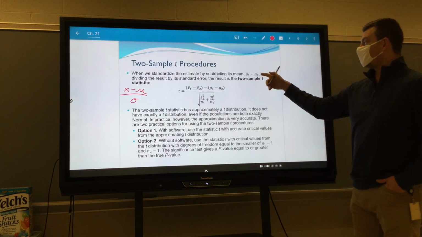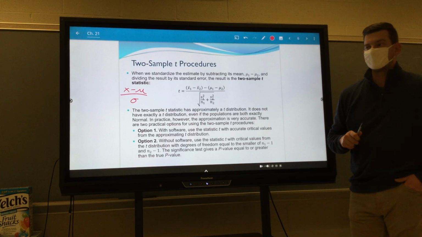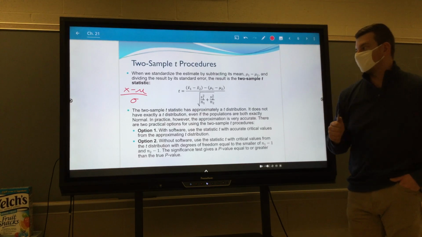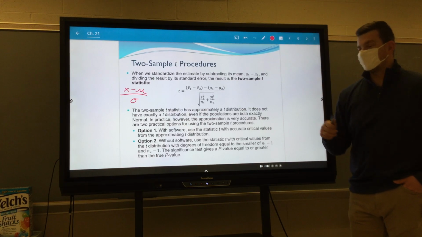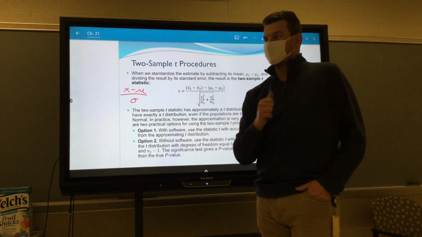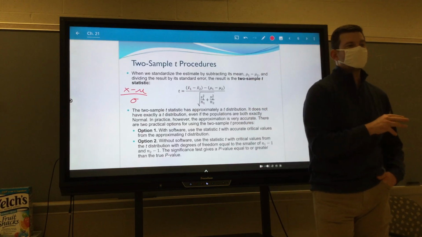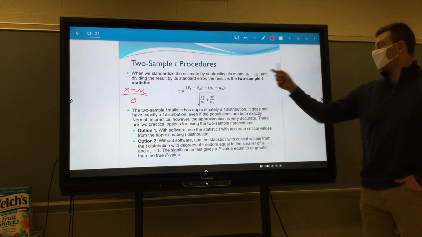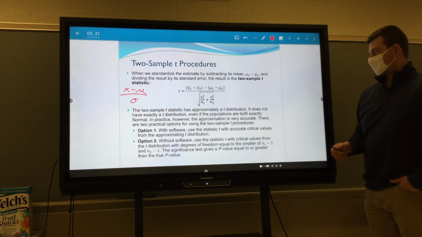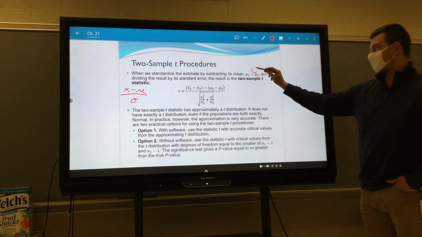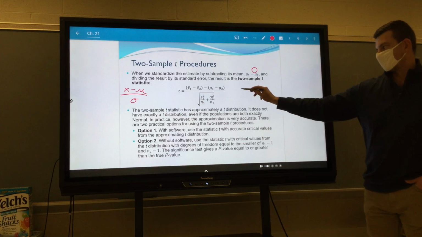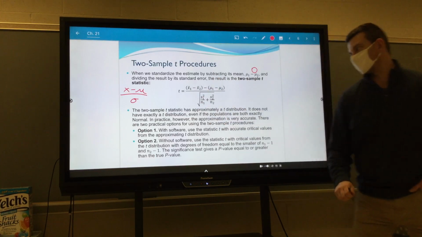What this mu1 minus mu2 is saying is it's finding that difference. And as part of the null hypothesis, we are saying that they are the same, that there is no difference. So we're going to replace that with a 0, which cleans this equation up a little bit.